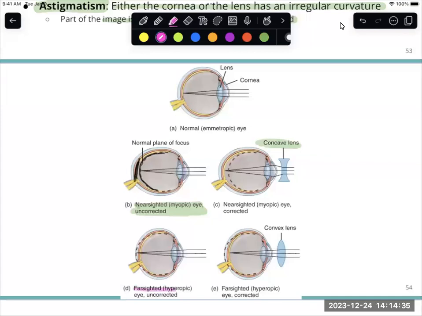Well, farsightedness, they can see far away. Their eyeball is too short, so that image is focused behind that retina. They use a convex lens to focus onto the eye.